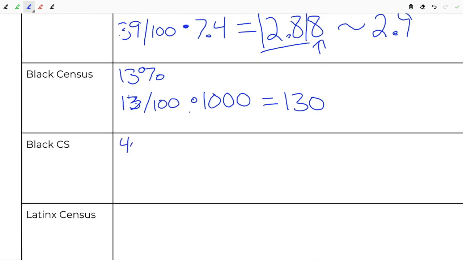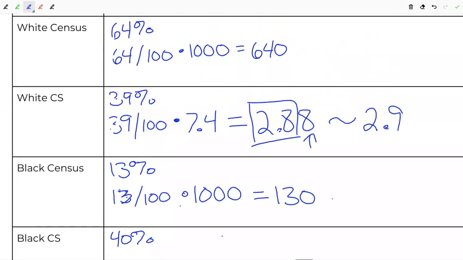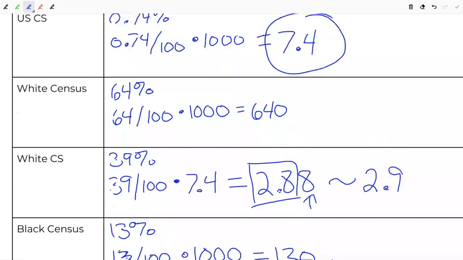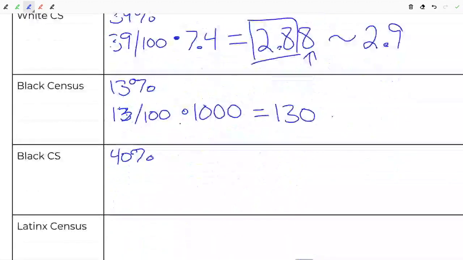40% of the people in the correctional system are black. So again, this isn't 40% of 130, it's 40% of this 7.4 number.